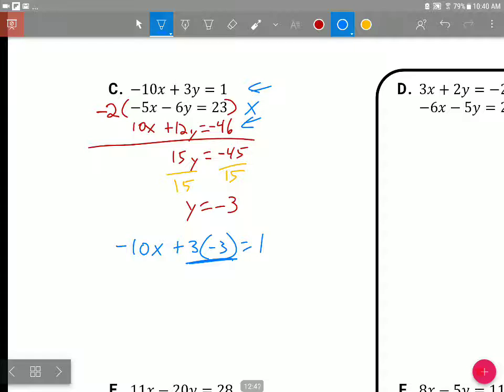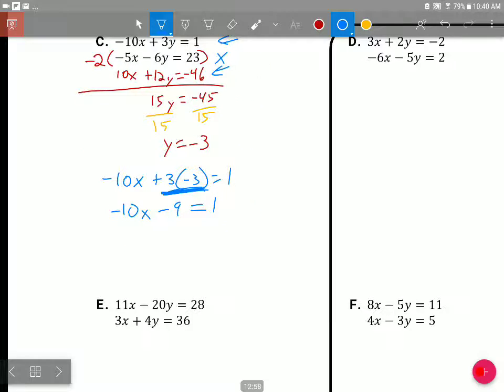Are these adding or are these multiplying? They're multiplying. So what? We need to take care of that. What's 3 times negative 3? Negative 9. There we go. So then what are we going to do? Add what? The 9. So if we add the 9 over, we get negative 10x equals what? 10.